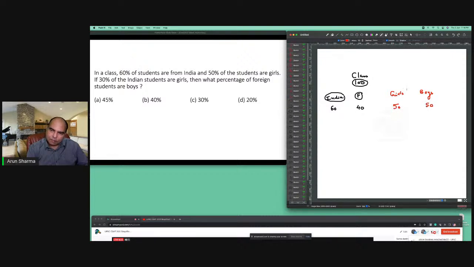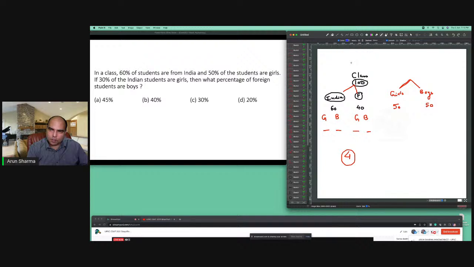So given the fact that we have split the population on the basis of India foreign, and then on the basis of girls and boys, you should be able to perceive that there are 4 kinds of people getting created in this question. One is Indian girls and Indian boys. The third and fourth are foreign girls and foreign boys.